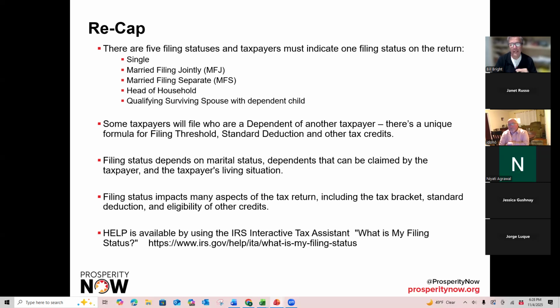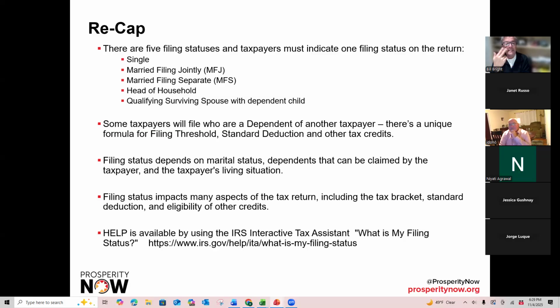Chances are that's not right. And we'll play around with that when we get into the software. I generally err on the side of caution and indicate they can be claimed, because it usually doesn't impact their tax return. They should have no tax liability at all, so they're going to get back all the withholding one way or the other.